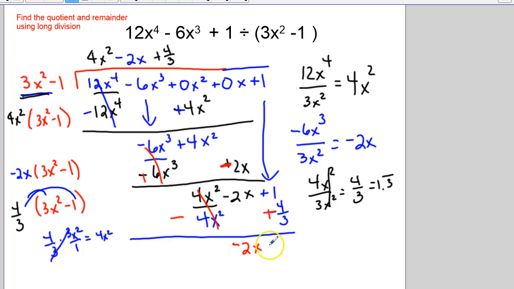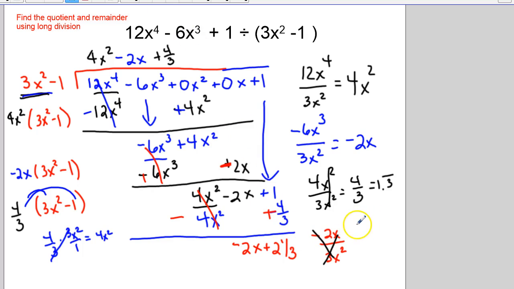So let's write that as plus 2 1/3. So now I look and I say, well, what is a minus 2x divided by a 3x squared? Well, that can't happen. That doesn't work.